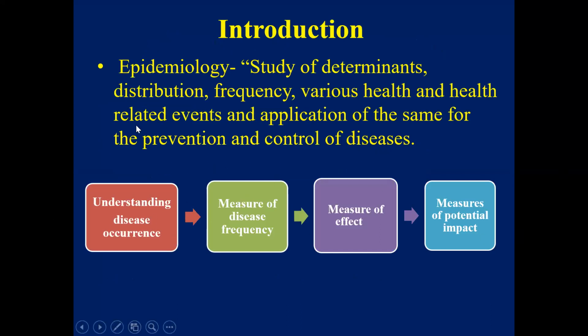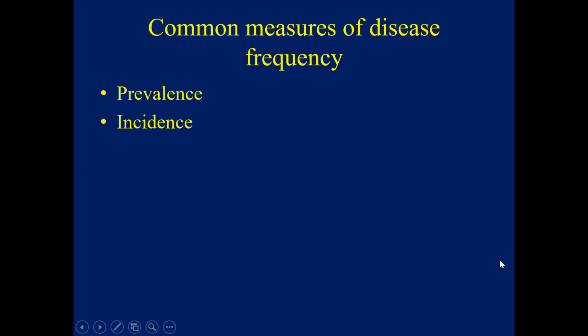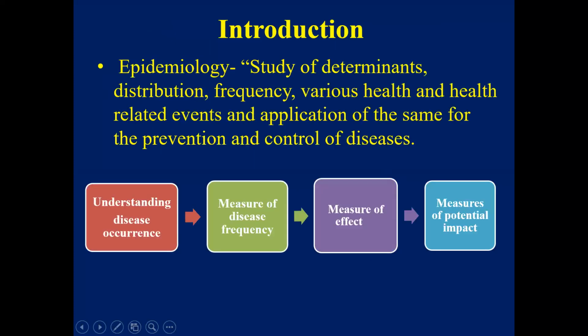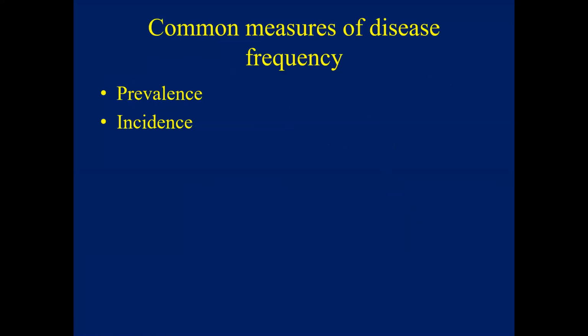First we understand disease occurrence, then we measure it using descriptive terms, that is, measures of disease frequency. Then measures of effect look at the association, and impact is about what will happen if we remove a particular exposure, or if we add a particular exposure.